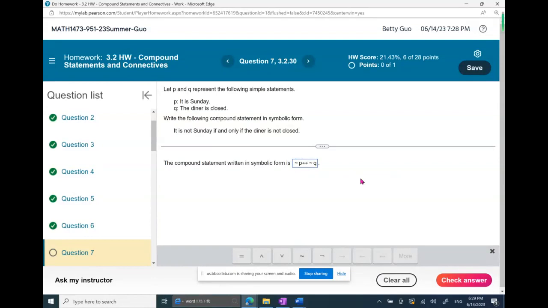Biconditional. If and only if. We need to memorize those things. The whole chapter 3 is just talking about those things. Any questions? Every time I ask, I count 1, 2, 3. If I don't hear a notification from the chat or any of you, then I'll just continue. Any questions?